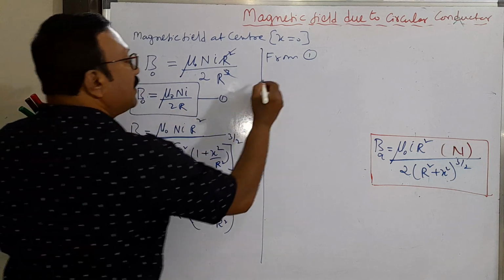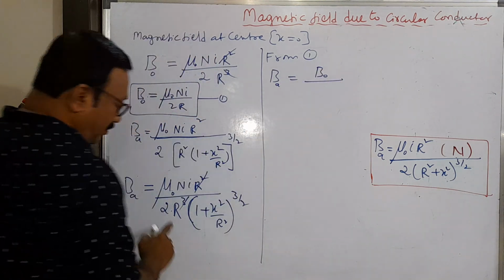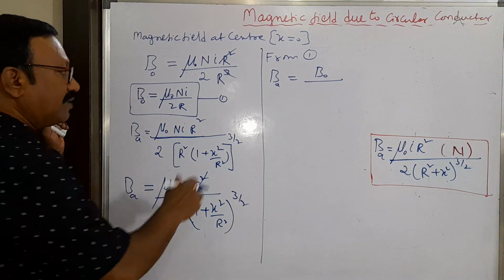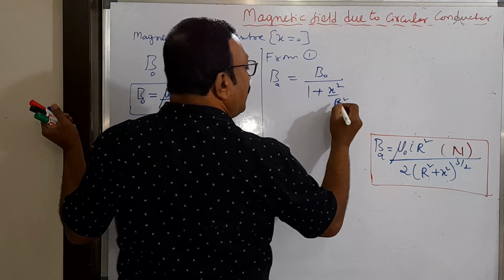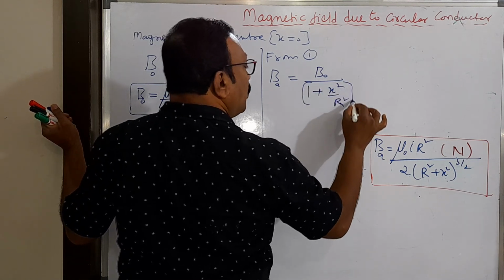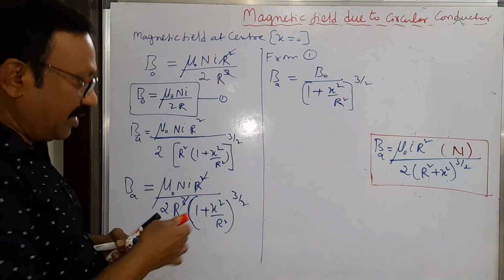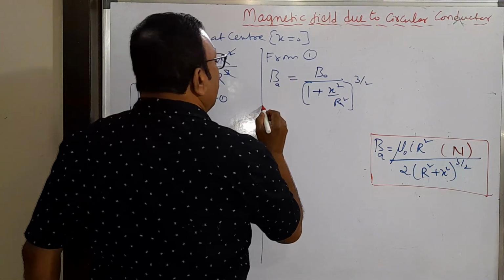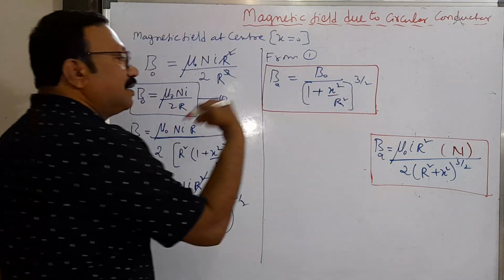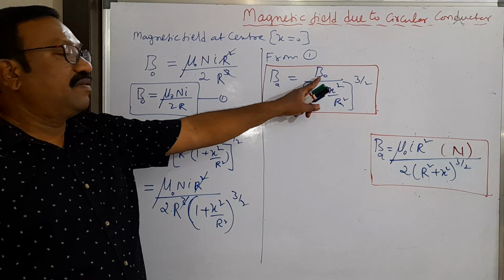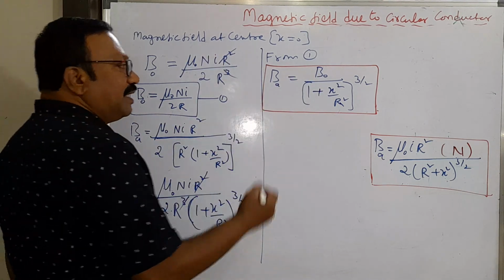So B axial is equal to B₀ divided by 1 plus x² by r² whole to the power of 3 by 2 is the relation, one relation between magnetic field on the axis and magnetic field at the center. This is magnetic field at the center, this is magnetic field on the axis. This is the relation. But further I can go.